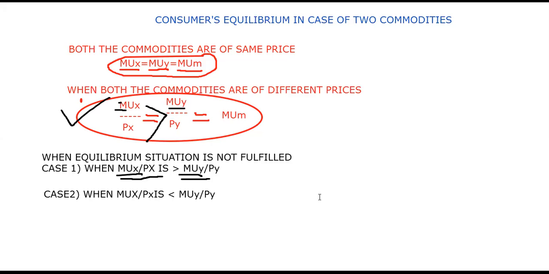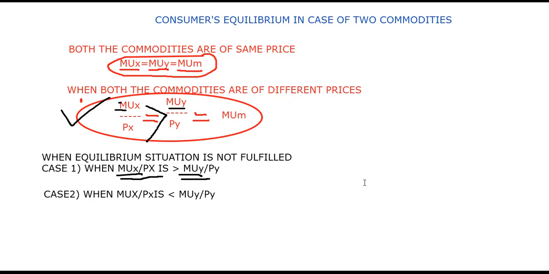Till the point MUX upon PX becomes equal to MUY upon PY. So this is the case 2, when MUX upon PX is less than MUY upon PY.